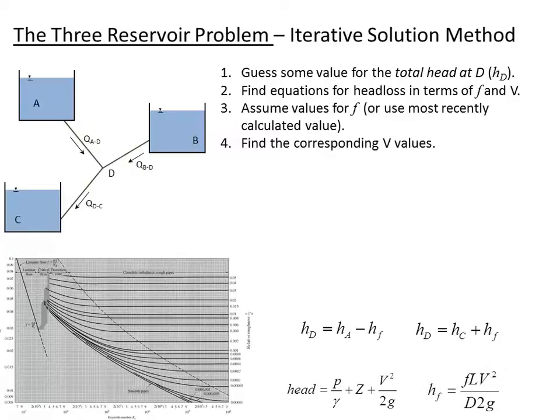So maybe one smart technique for guessing the F value is, in this first estimation, to use the relative roughness. Assume, well, maybe we're in the fully turbulent zone to begin with. And that would give you a starting point for what F to use. So once you know F, and you know how much head loss there has to be, if you've assumed some certain head at D, then that'll allow you to find the velocity.